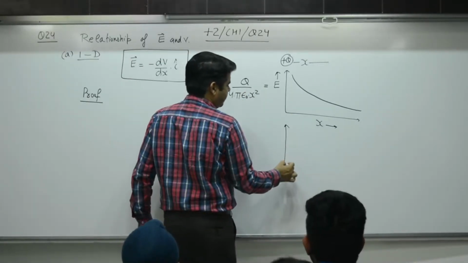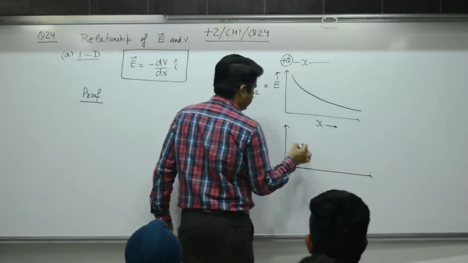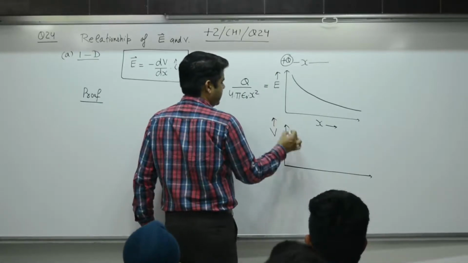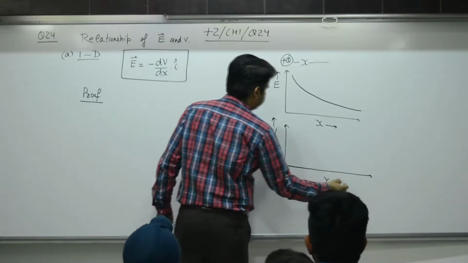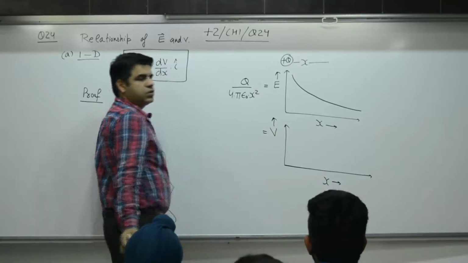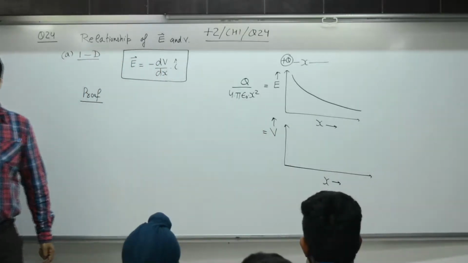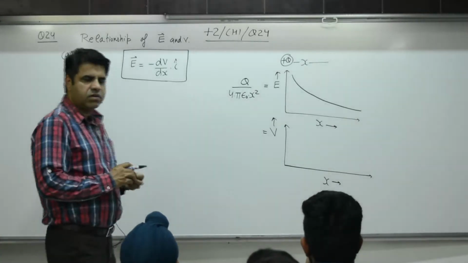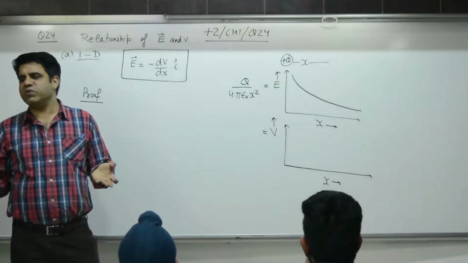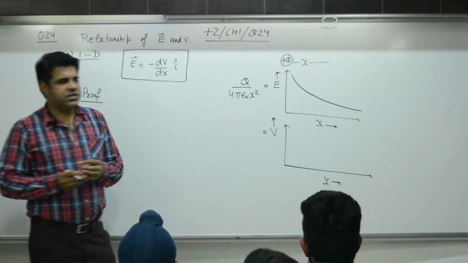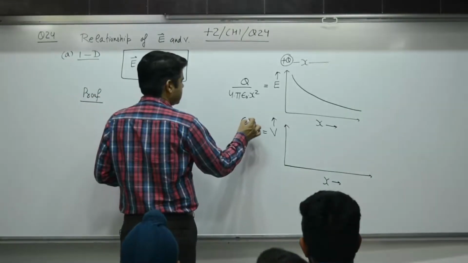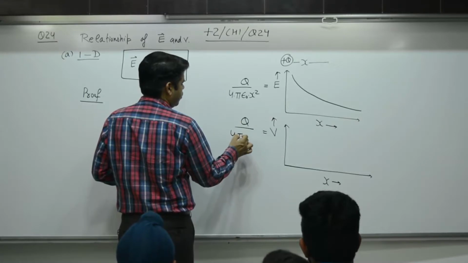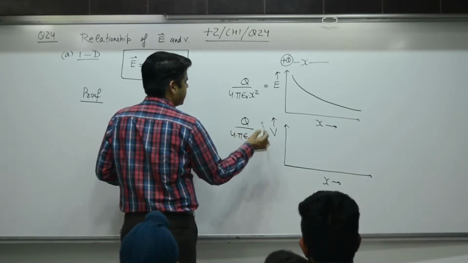What about V as a function of x? Something you have covered: V is equal to Q by 4 pi epsilon naught x.